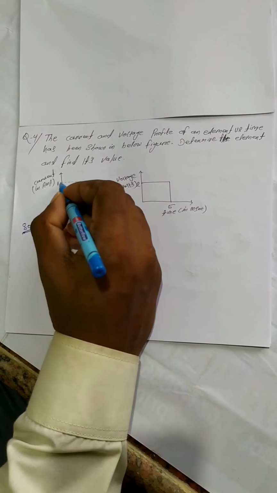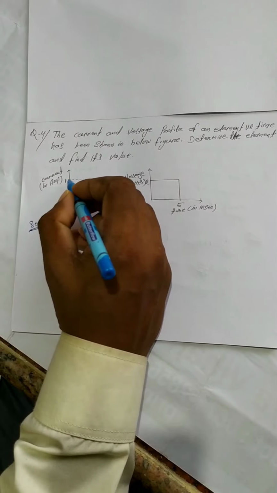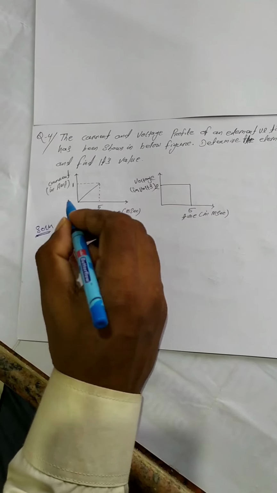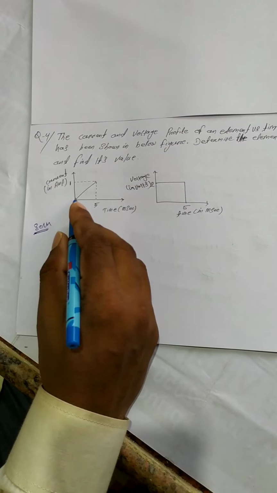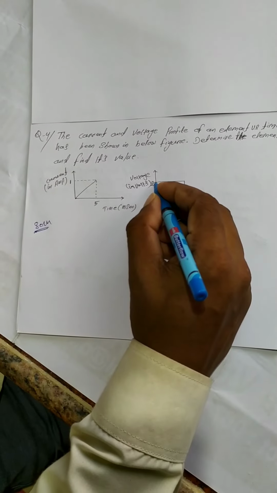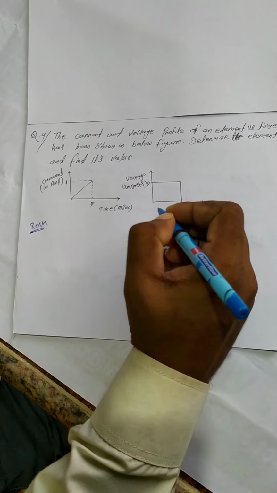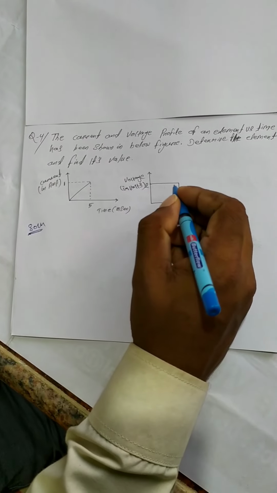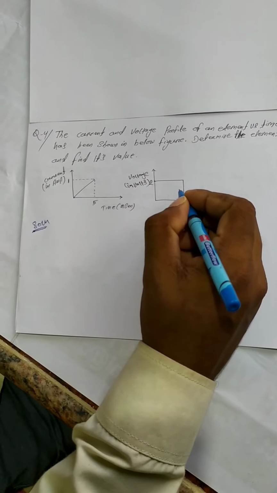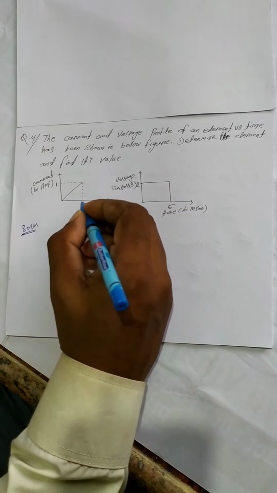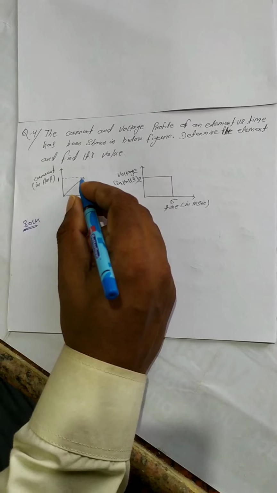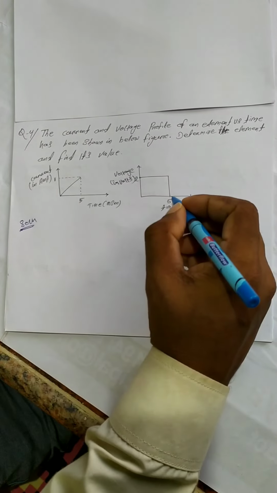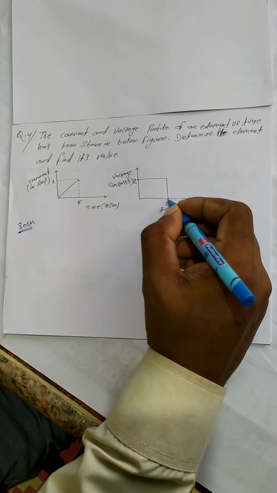From this element at zero time, the current is 0, but voltage is a constant 2 volt. But after 5 millisecond, current becomes 1 ampere. At that time voltage becomes 0.